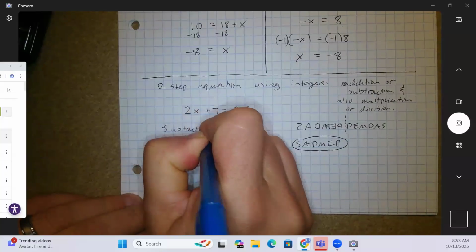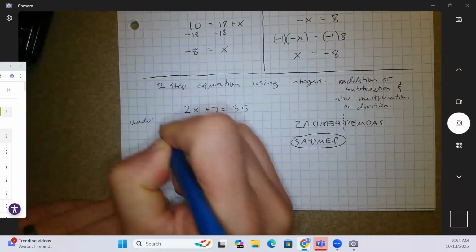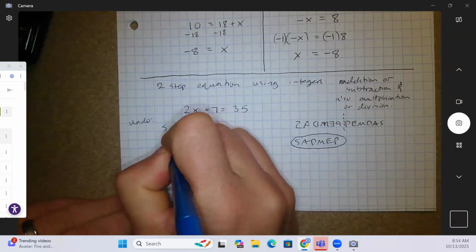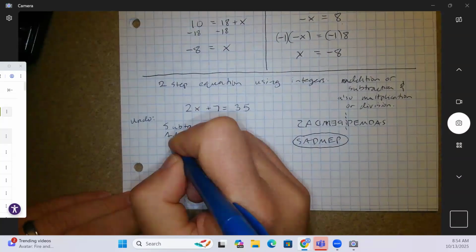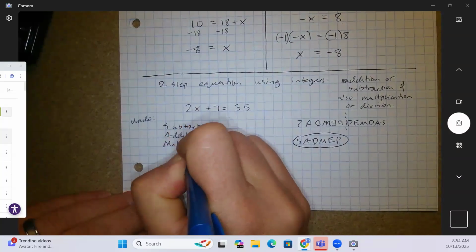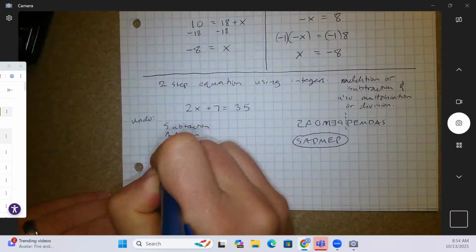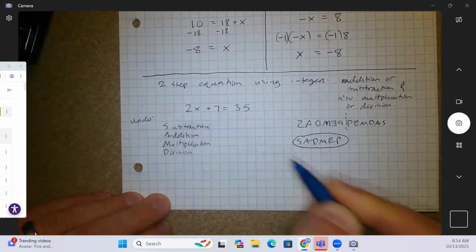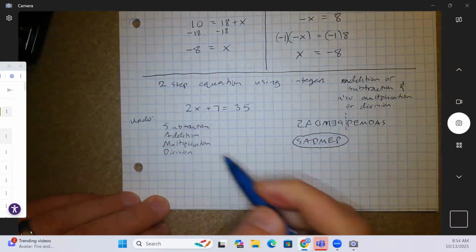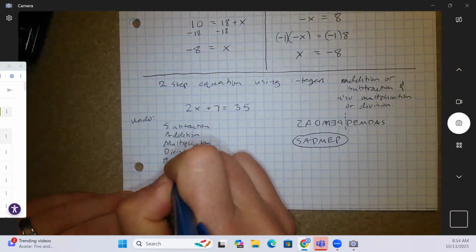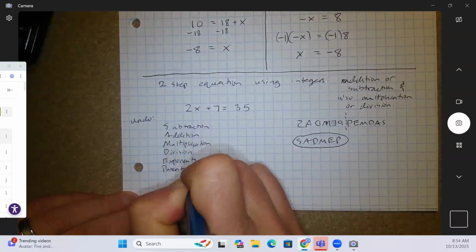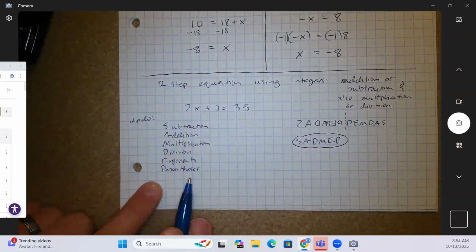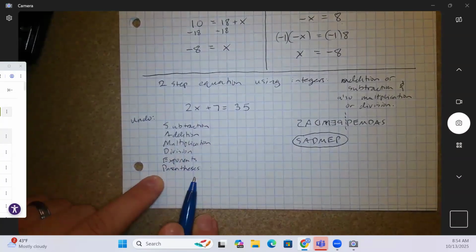We undo subtraction and addition first, and then we undo multiplication or division. And usually in these two-step processes, we don't have exponents, but we could, or parentheses, just like with PEMDAS, parentheses get pretty tricky.